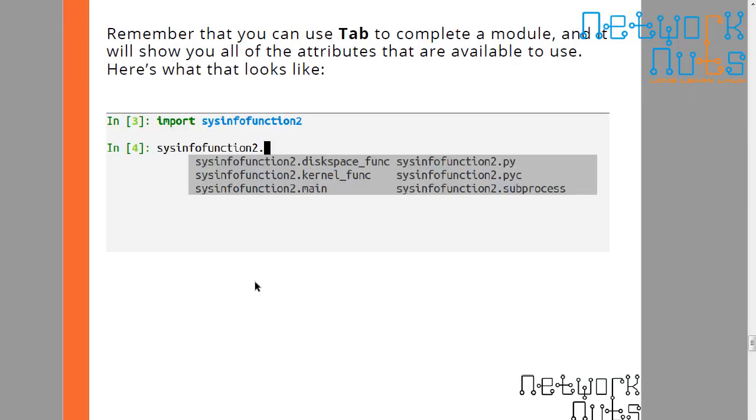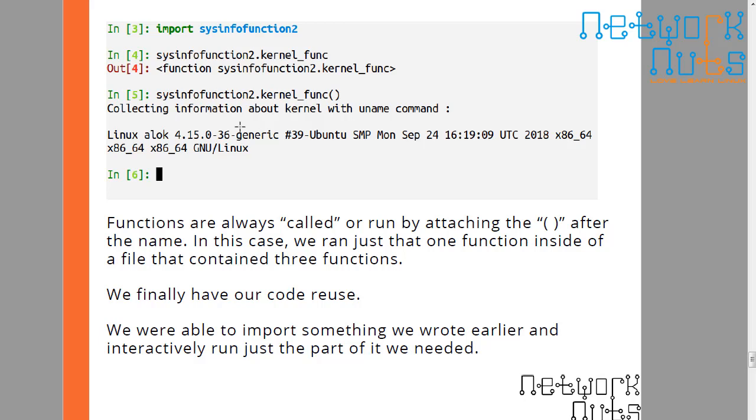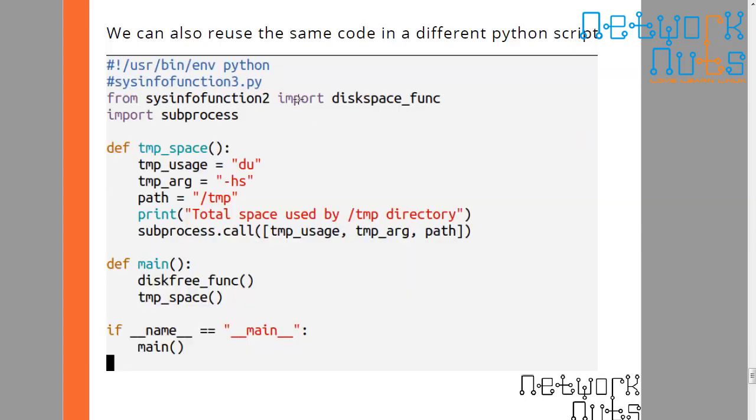I'll show you the slides first, that will be easier. Right, so this is a screenshot of what we had done. So we have reused the code and I can call it, right? But I should be able to call it from another file also. So let's create another file and see here, from sysinfo, whatever the name is, import the function name. So by doing this, what will happen?